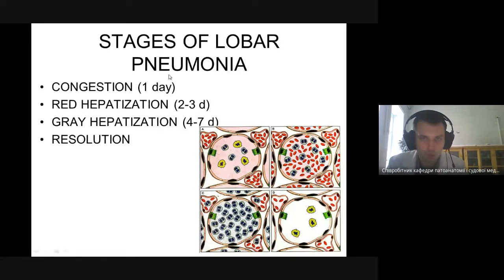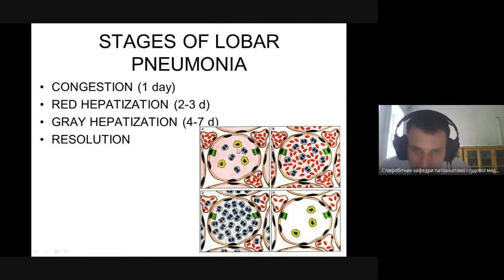Stages of lobar pneumonia. Congestion, the first day, with exudate in the alveoli. Red hepatization, with red blood cells in the alveoli, so small hemorrhages there. Gray hepatization, with a lot of neutrophils and fibrin formed there. And resolution. It takes weeks and months to recover.